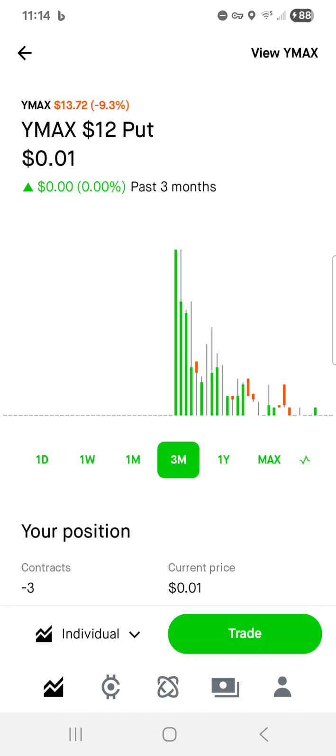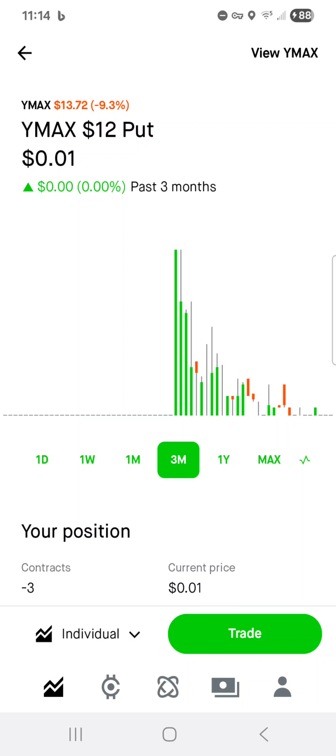Now, if we're selling a put, someone on the other end has to be buying that put. So let's say we sold the $12 put. Someone on the other end is buying the $12 put. From their perspective, they're thinking, oh, I'm hedging my bets with this stock because I own 100 shares of this stock.